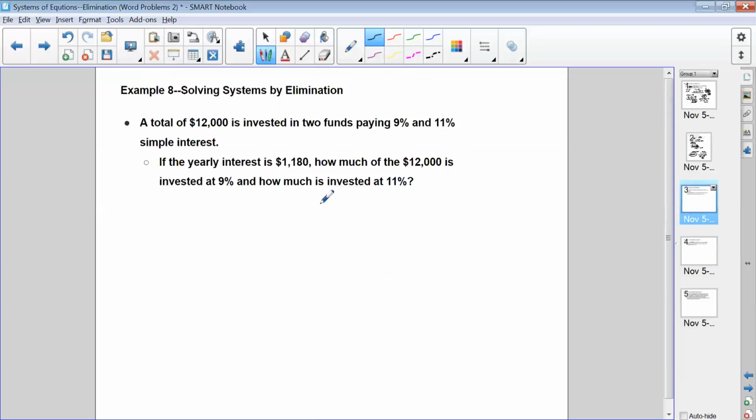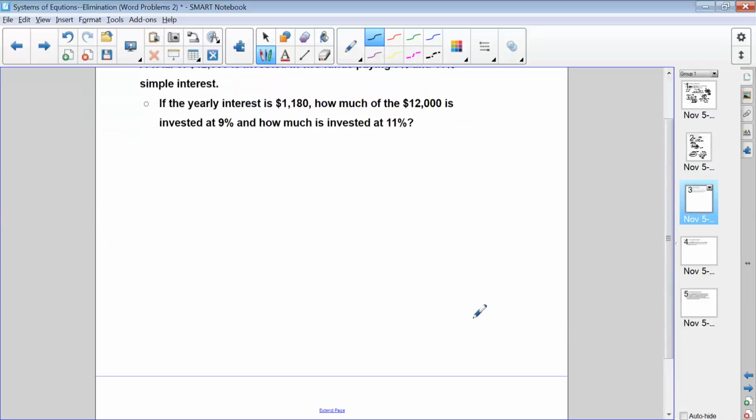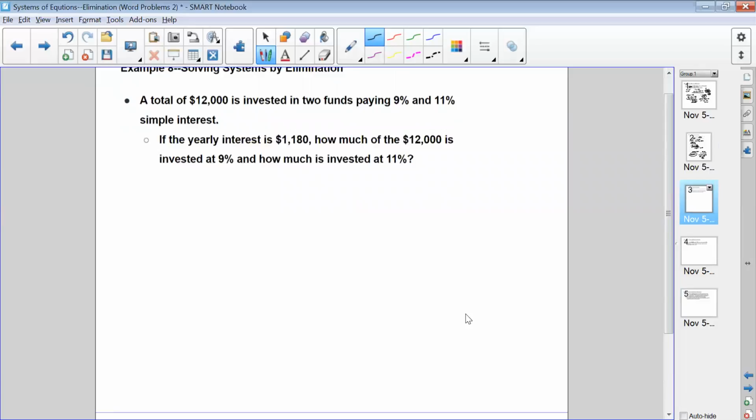The next question is dealing with an investment, where we're investing so much money. So I've got a total of $12,000 in two funds. I know I've got one fund plus another fund, and it's going to be a total of $12,000.